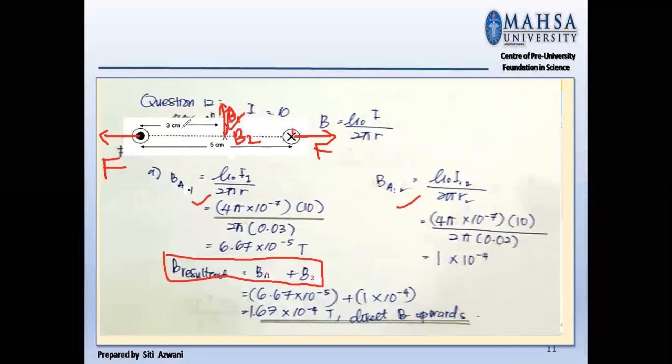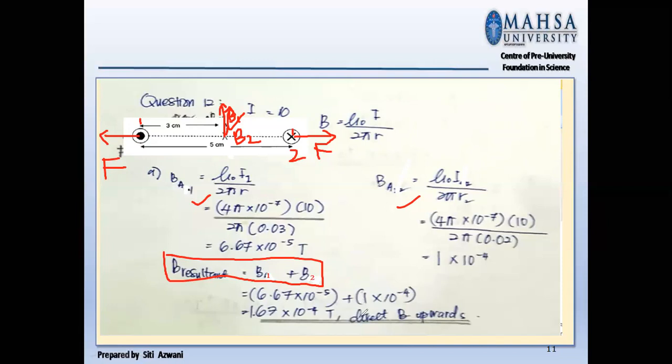For wire 2, the distance from wire 2 to point A, R is 0.02: 5 cm minus 3 cm, you get 2 cm. Convert to meters, you have 0.02. So calculate B for wire 1 and wire 2, and then add them to get the B resultant.